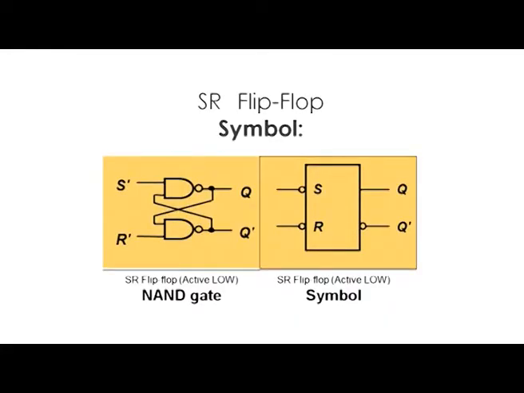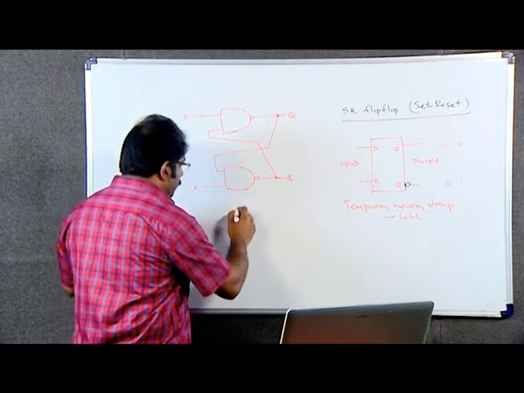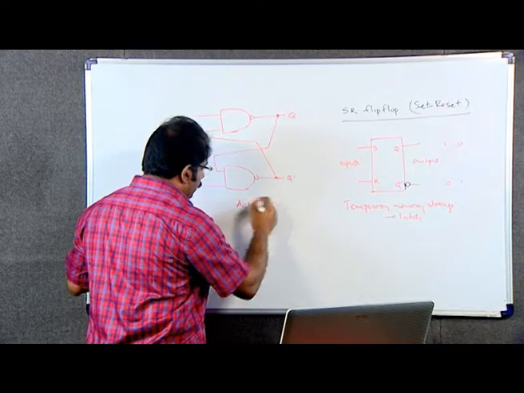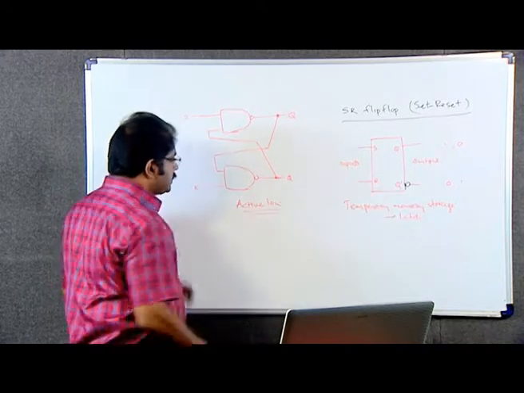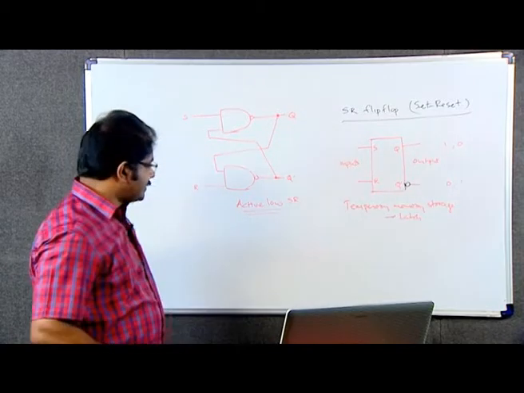This is the method by which we create an SR flip flop from NAND gates, and this is called active low. We call it an active low SR flip flop or active low SR latch.